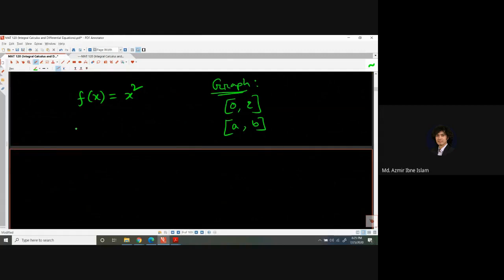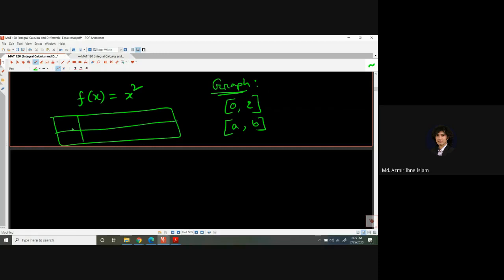So let's do the same thing here. For drawing the curve, we can use this technique. x is our input and we will finally get y as output. Let's say f(x) equal to y. Since our lower limit is 0, we are starting from 0, and the upper limit is 2.